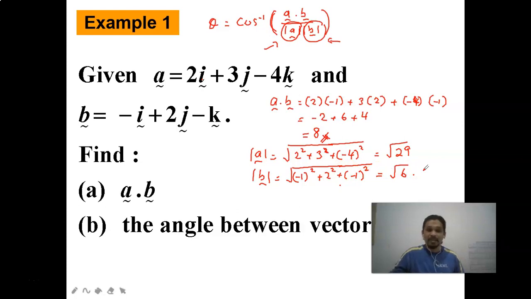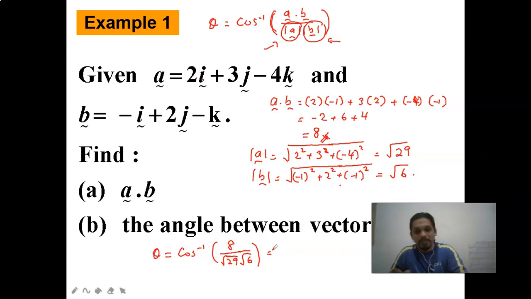Okay, so then theta equals arc cos of A dot B, the scalar product, which equals 8, divided by square root of 29 and square root of 6.